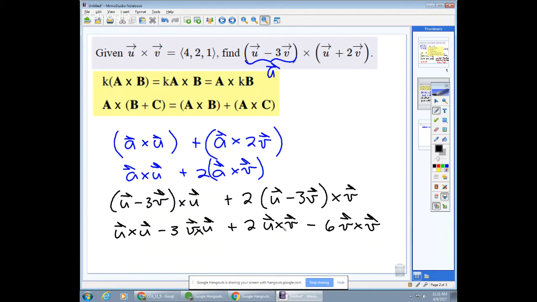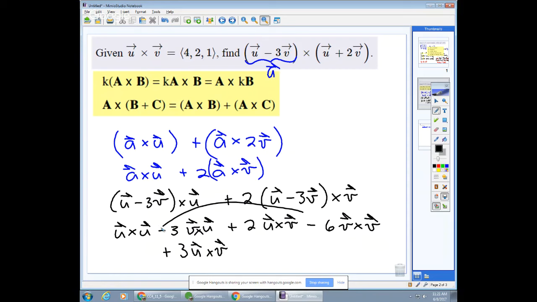Now, if you change the order of the cross product, that changes the sign. So this right here, we could rewrite as plus 3 U cross V, because remember the right-hand rule just changes the direction of the vector, which is positive or negative.